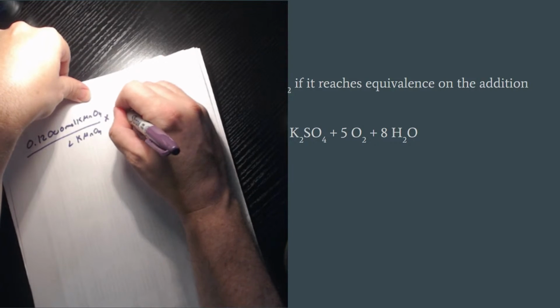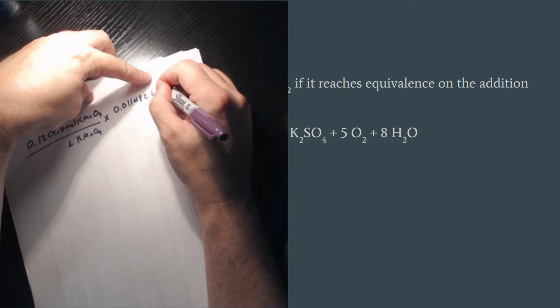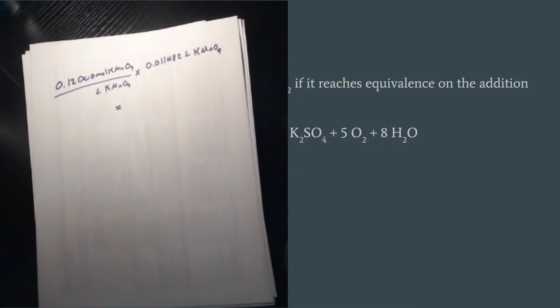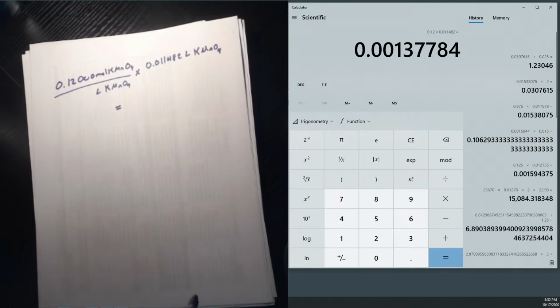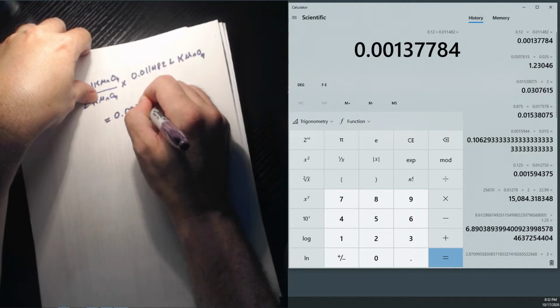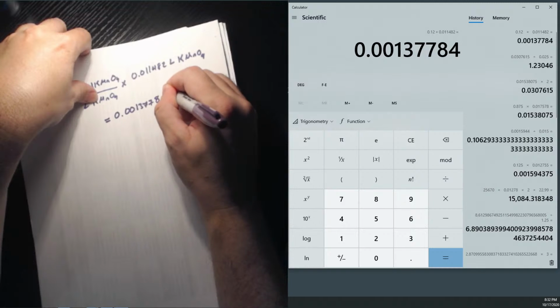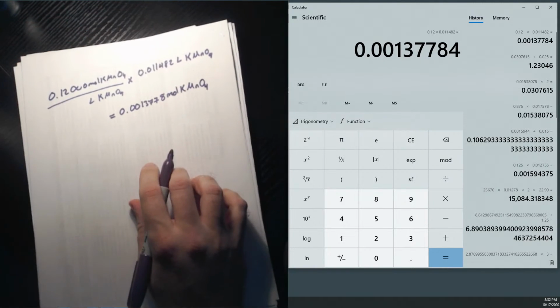And we had 0.011482 liters of our potassium permanganate. What is the moles of potassium permanganate? 0.12 times 0.011482 is 0.0013778 moles of potassium permanganate.